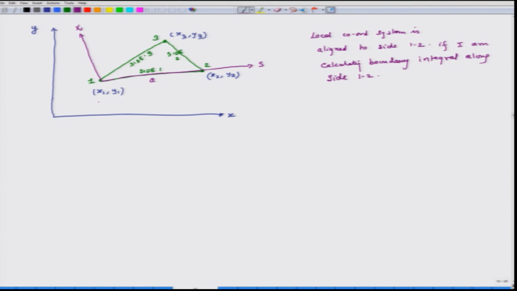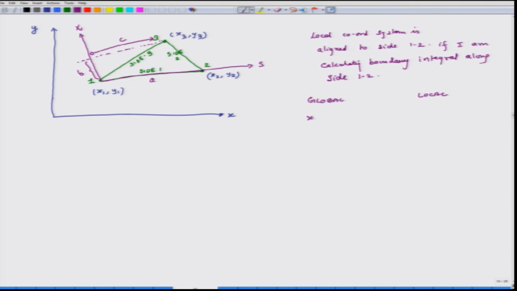So my global, it is A long, and this distance is B, which is parallel to side A, and this distance is C. Global and local.